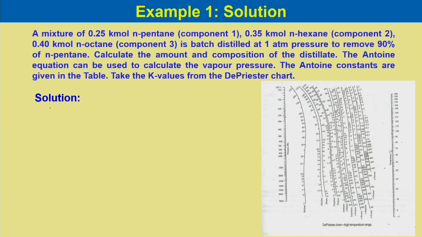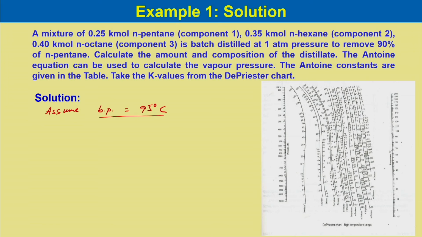Now, assume bubble point is equal to 95 degree centigrade. At this temperature, from this De Priester chart, at the initial pressure of the system, which is 1 atmosphere, that is 101.3 kPa, we can obtain the K values for n-pentane, n-hexane and n-octane.